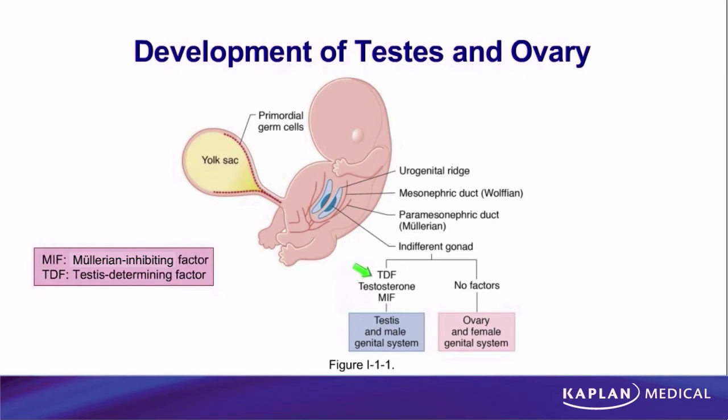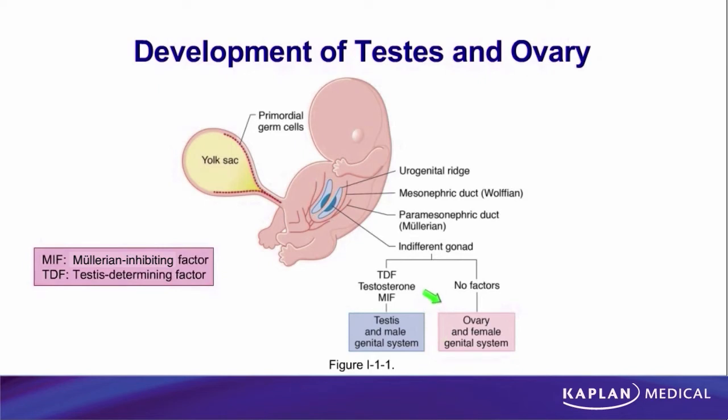And with an ovary, we don't have the high levels of testosterone, so we don't develop a male genital system, and we don't inhibit the Mullerian duct, so we do have a female genital system. So there are no factors necessary to give us a normal female with an ovary and a female genital system. Okay, so that's how we determine whether it's male or female.